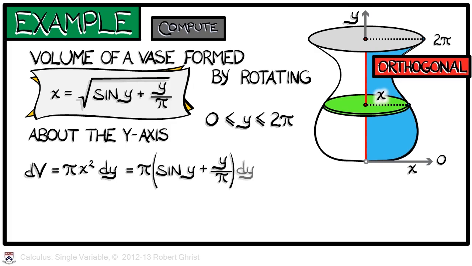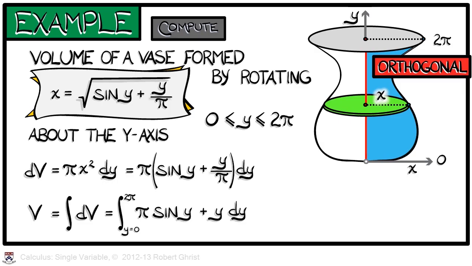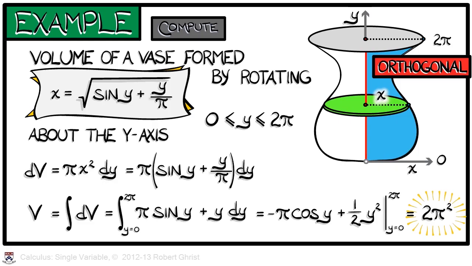Substituting in our function for x yields pi times quantity sine y plus y over pi dy. Integrating this to obtain the volume as y goes from 0 to 2 pi gives a very simple answer. We get negative pi cosine y plus y squared over 2, evaluated from 0 to 2 pi. I'll let you compute that the volume is 2 pi squared.